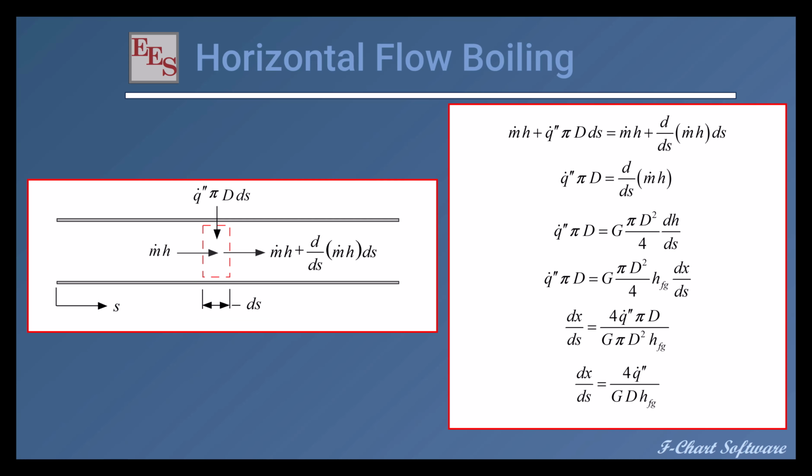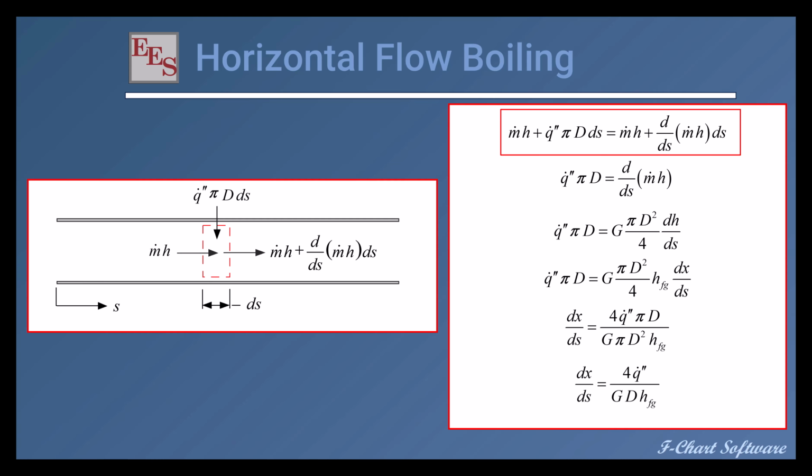The energy balance then is that the mass flow rate times the enthalpy entering on the left has to be equal to the mass flow rate times the enthalpy leaving on the right, which I've expanded here using a Taylor series expansion, taking advantage of the fact that ds is going to go to 0. And then also you have the heat flux entering at the perimeter of the tube. So these three terms have to be equal, which is what we've done up here.